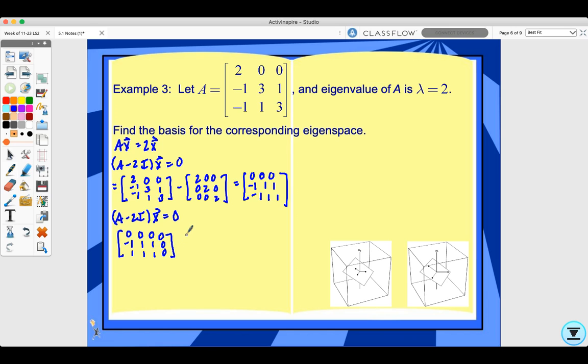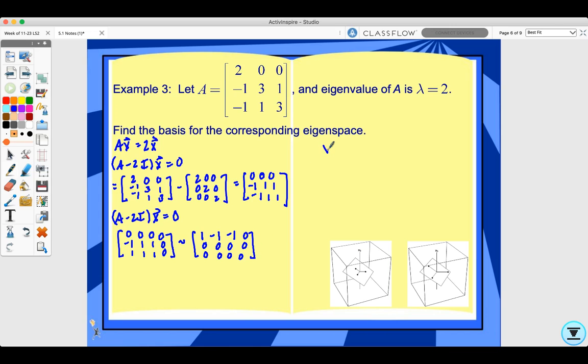And when I do that, I can take row 1 plus negative row 2 to get 1, negative 1, negative 1, 0. I can take row 2 plus negative row 3 to get 0, 0, 0, 0. And I can take row 3 plus negative row 2 to also get zeros here.